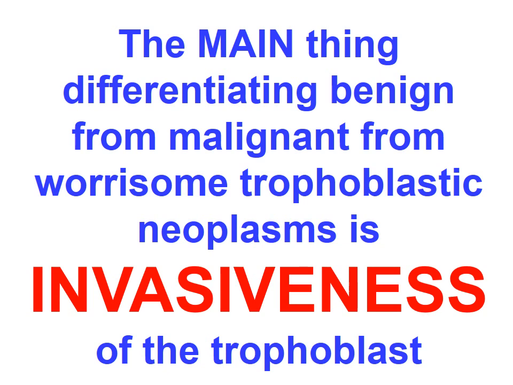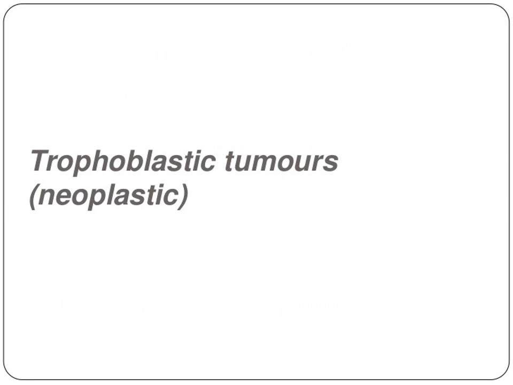Like invasive mole, it also invades within the myometrium tissue. So the main feature that differentiates, as we had discussed previously, benign from malignant neoplasm is metastasis or invasiveness. Trophoblastic tumors.